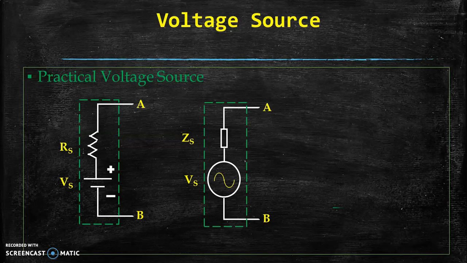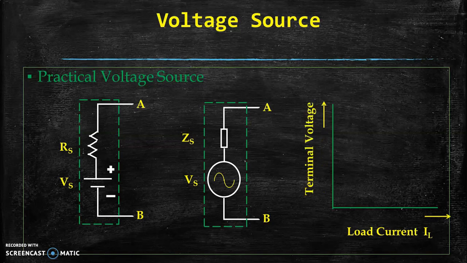Now let us see the characteristic. On the x-axis we have taken load current. On the y-axis we have taken terminal voltage. Now in case of practical voltage source, we have constant ideal terminal voltage with respect to load current, but practically we have a slight decrease in the terminal voltage as load current goes on increasing.